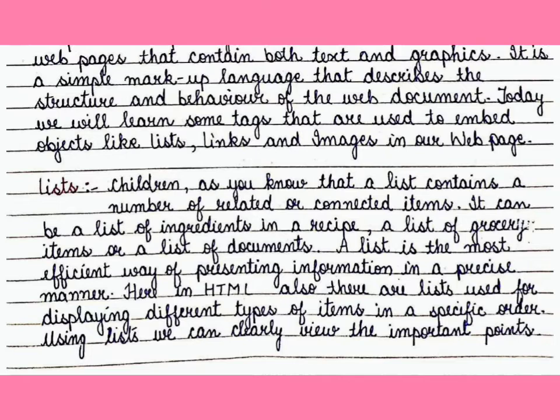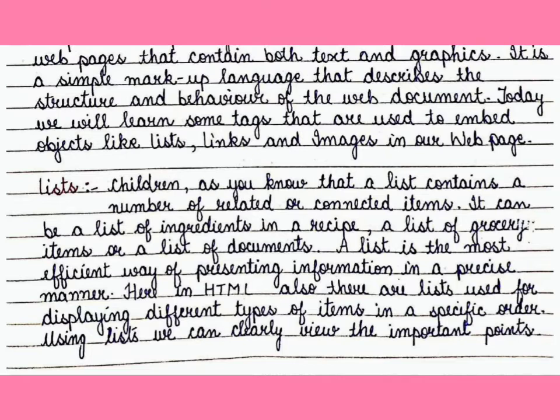Today, we will learn some tags that are used to embed objects like lists, links, and images in our web page. Lists. Children, as you know, that a list contains a number of related or connected items.